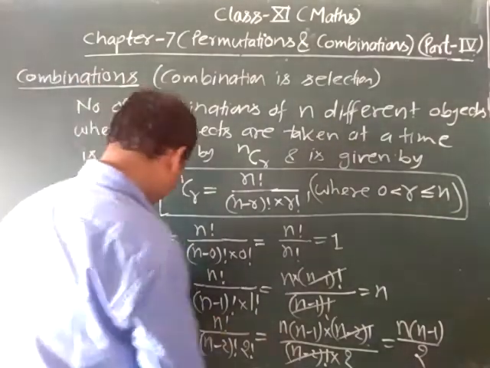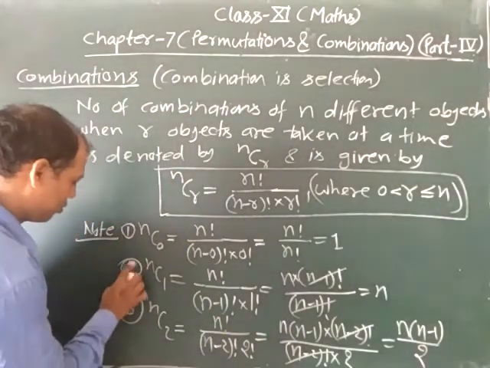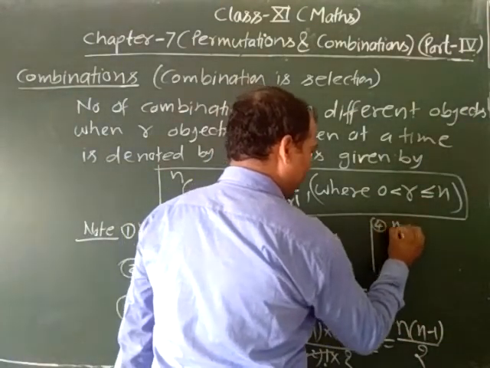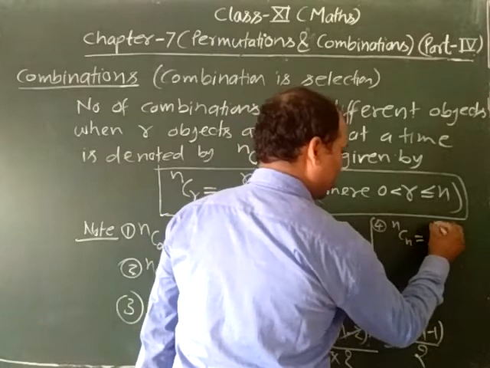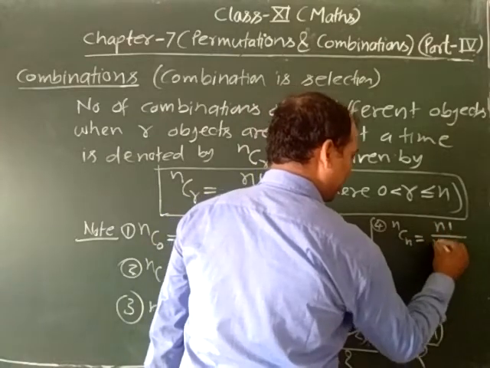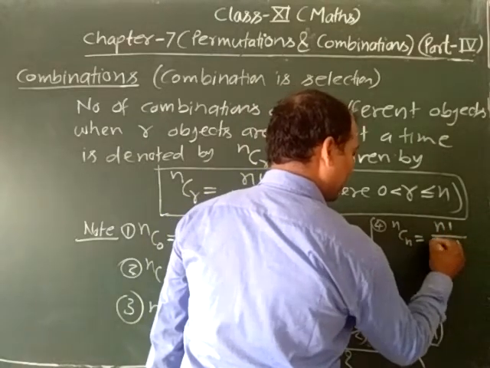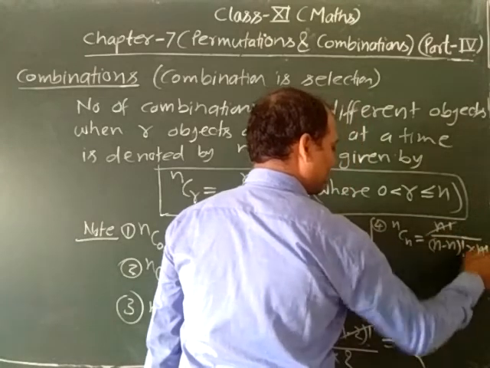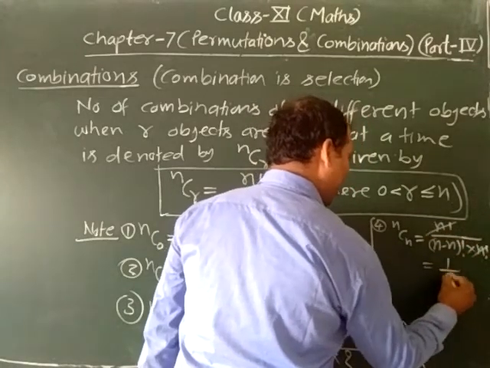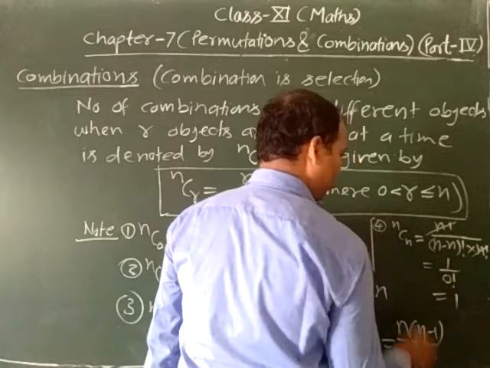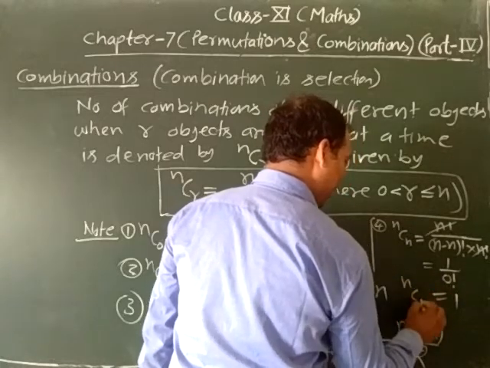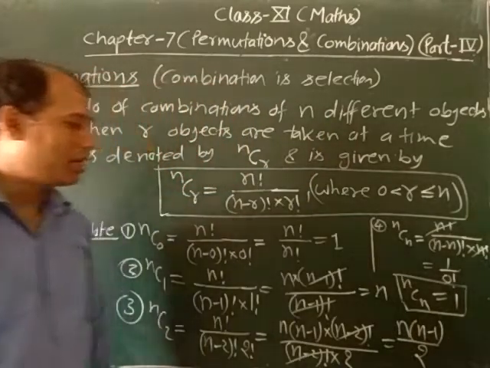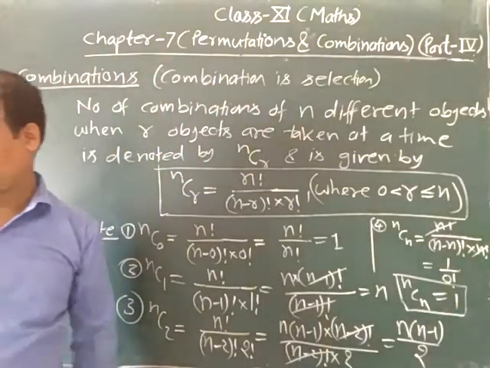If we calculate the value of nCn, then this is equal to factorial n by factorial n minus n into factorial n. This cancels out with this. We get 1 upon factorial 0, and this is 1. nCn equals 1. These are some results on this formula.